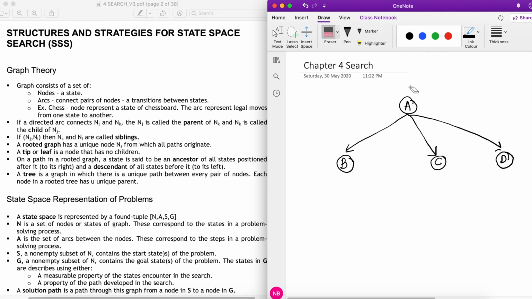When you have this kind of representation, usually each of these has a different value to us. The circles, we usually call nodes, and these are called arcs. A node represents a state, and an arc represents the transition between the states. So you can have a node connected to another node using an arrow, and this arrow is called an arc.